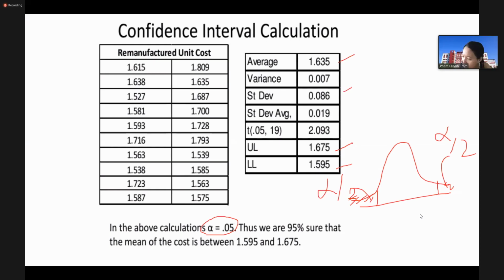So this will be our confidence interval. If alpha is 0.05, this would be 95%. We are 95% confident that the average of the recycle cost is between 1.595 and 1.675.